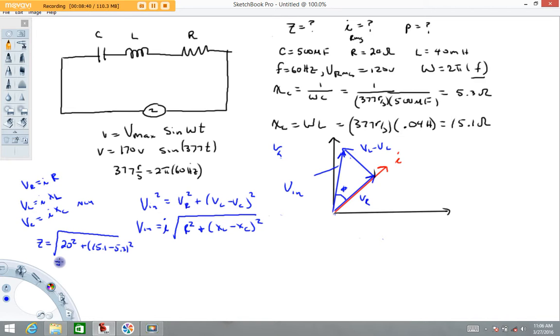I'm trying to use a calculator on my phone. It's not working super well. Almost there.